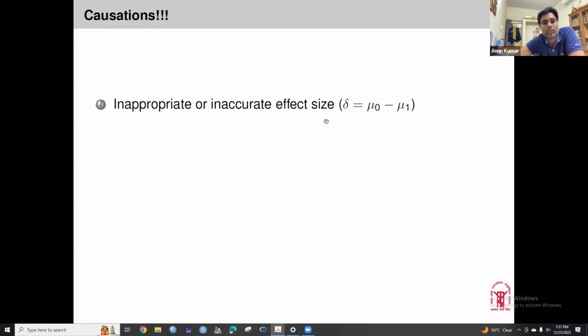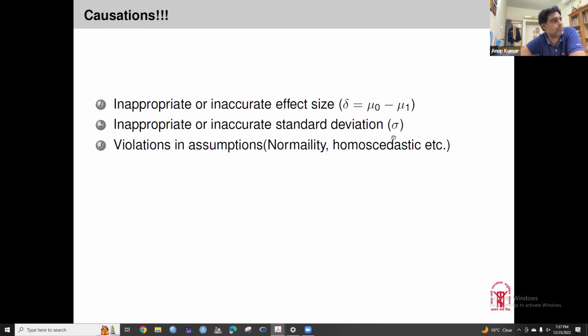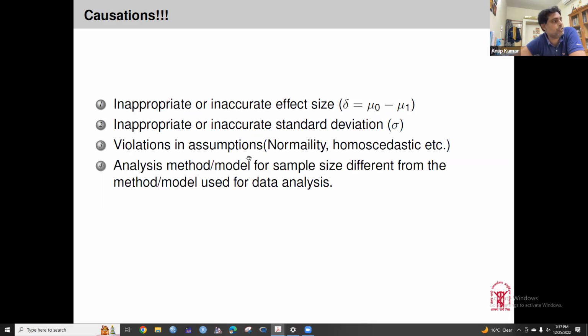Okay, what are the cautions? Inappropriate effect size, I already discussed, इसका बहुत ध्यान रखना है आपको. Second, inappropriate or inaccurate standard deviation. इस sigma आप अपने मन से नहीं डाल सकते. You should have a solid proof of what the standard deviation of the measure is. Violation of the assumption, whether your data is normally distributed or not normally distributed.